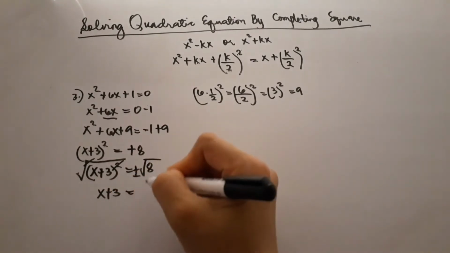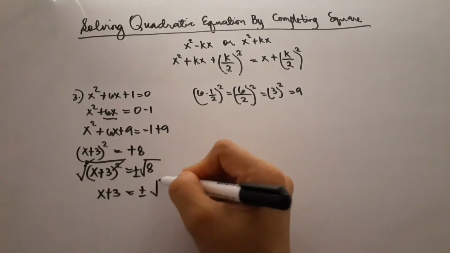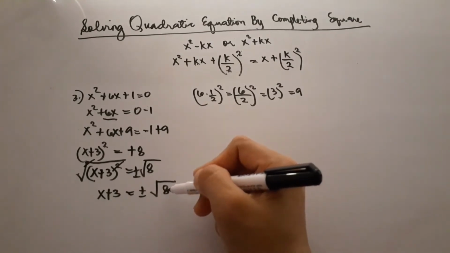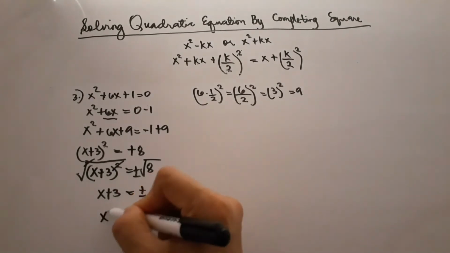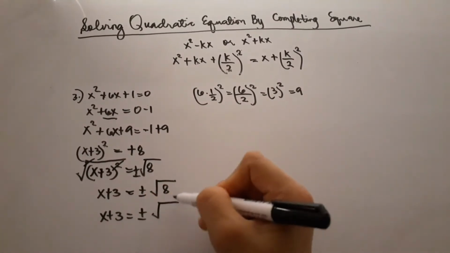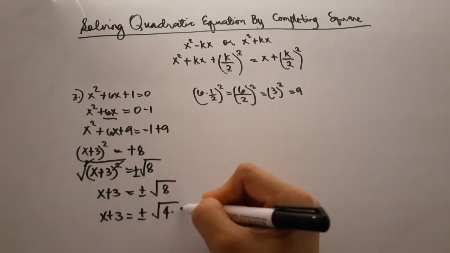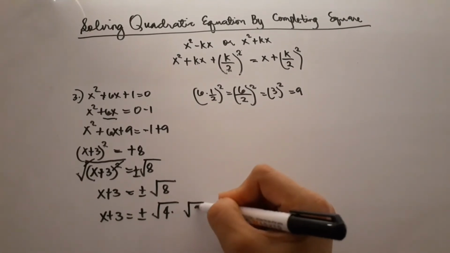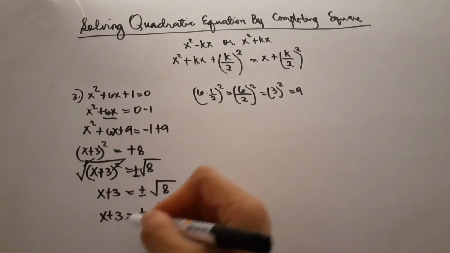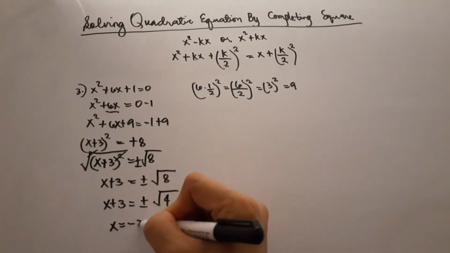So x + 3 is equal to the square root of 8, and then we factor the square root of 8 here. So x + 3 is equal to ± the square root of 4 multiplied by the square root of 2, because the square root of 4 times the square root of 2 is the square root of 8.